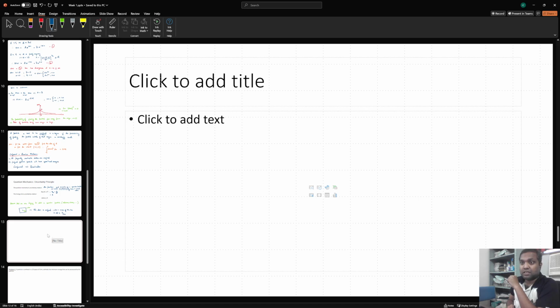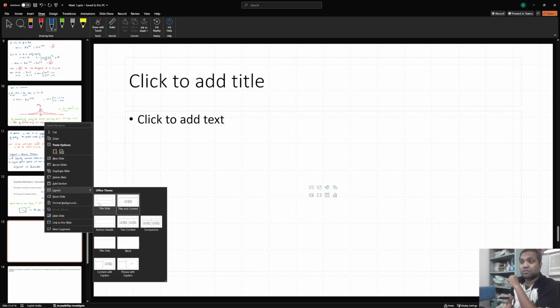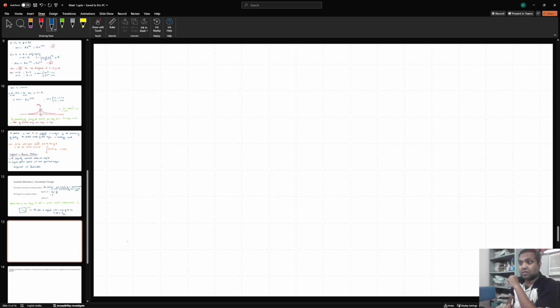The implication is as follows. When I say delta p is greater than or equal to h bar by delta x, this is an inverse proportionality relation.